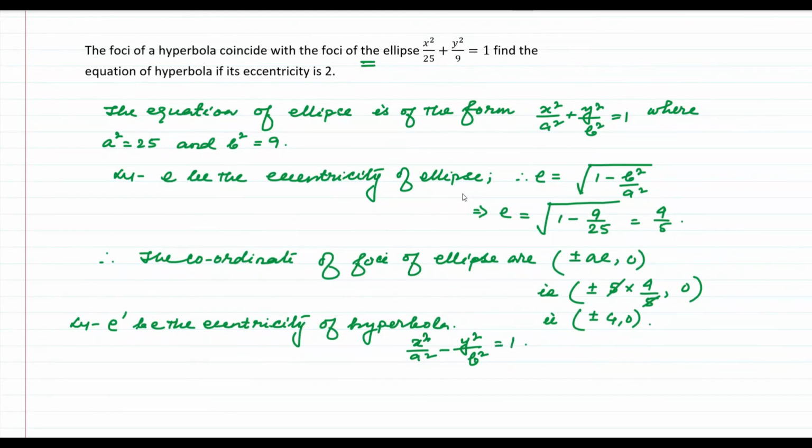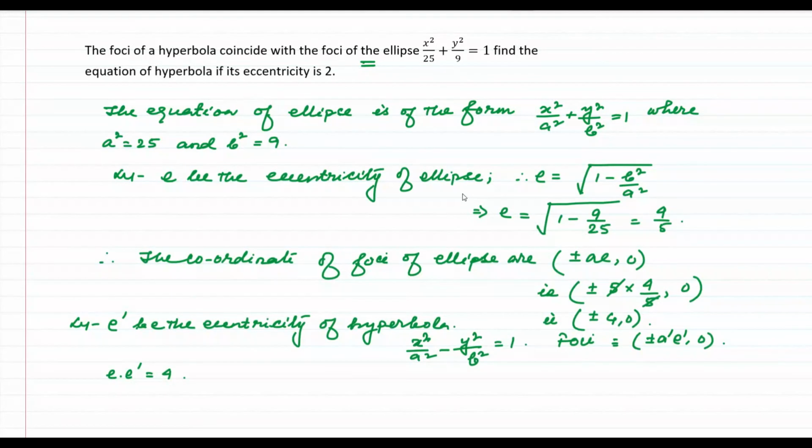So we can say here a prime e prime must equal 4, because the coordinates of foci of the hyperbola are plus minus a prime e prime comma 0.